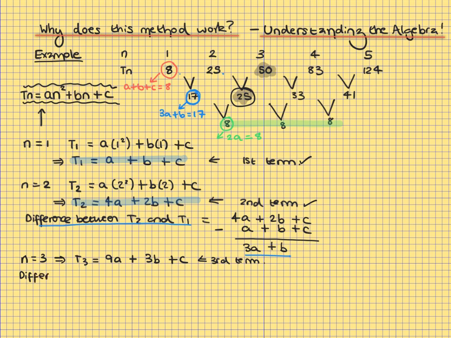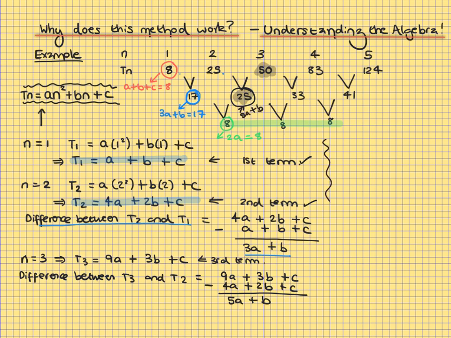So the difference between t3 and t2 is equal to t3, which we've just worked out is 9a plus 3b plus c, subtract t2, which we worked out as 4a plus 2b plus c. Let's do the subtraction, and it comes to 5a plus b. So this difference here, I should say, is 5a plus b.